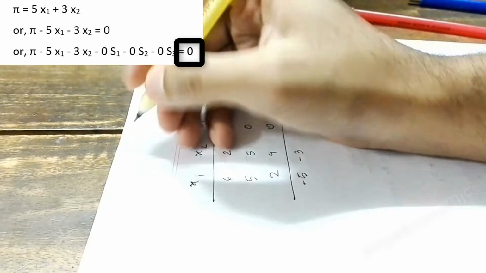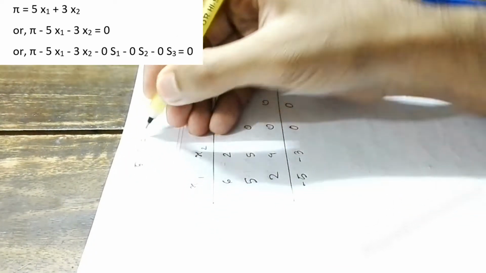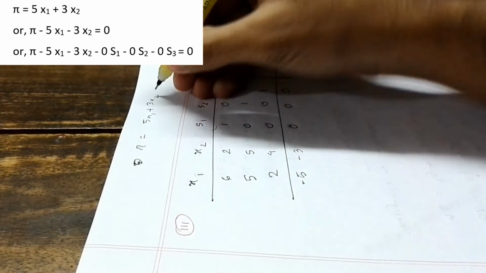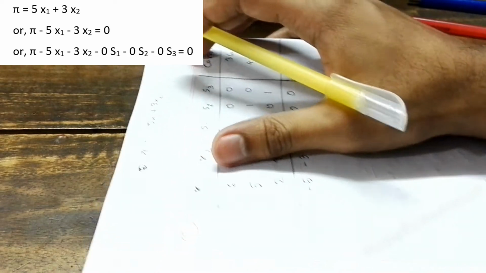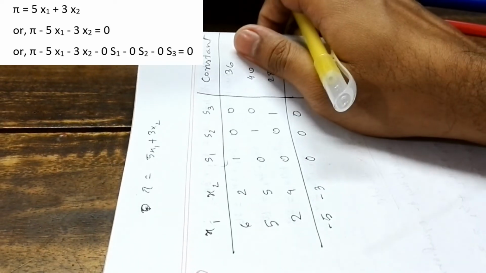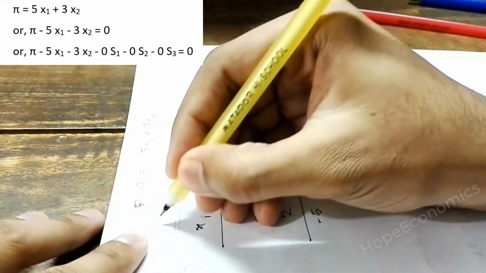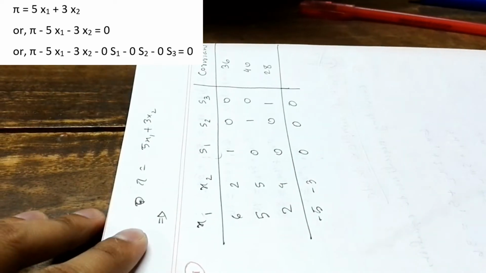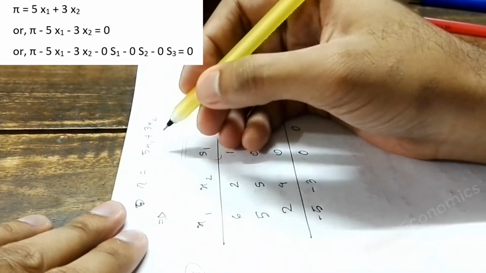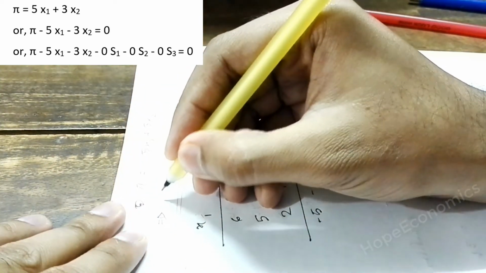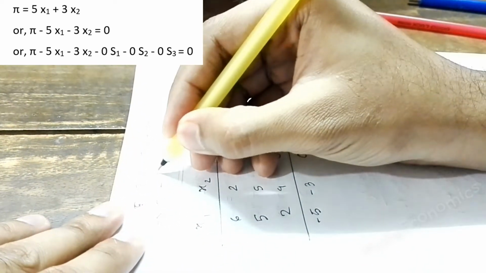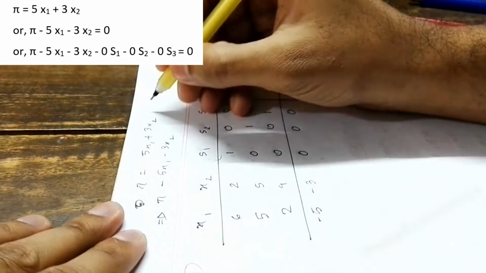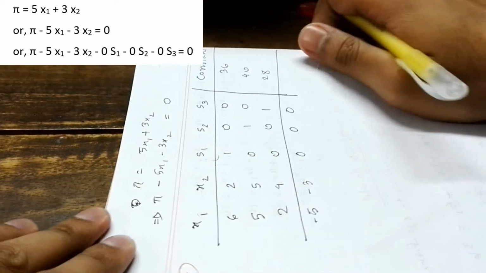Let me clear it, just watch here. What we have is pi equal to 5x1 plus 3x2, and this is what we had. What we did is take this portion to the left side. So that's pi minus 5x1 minus 3x2 equal to 0.